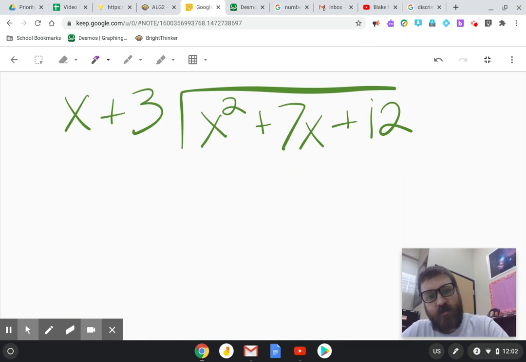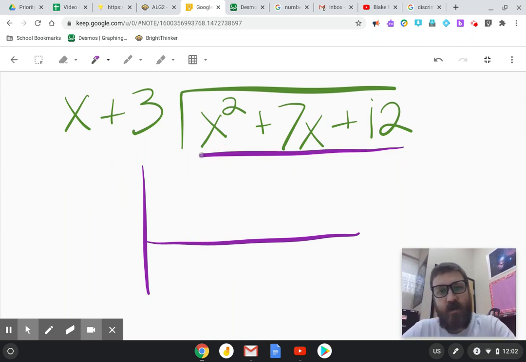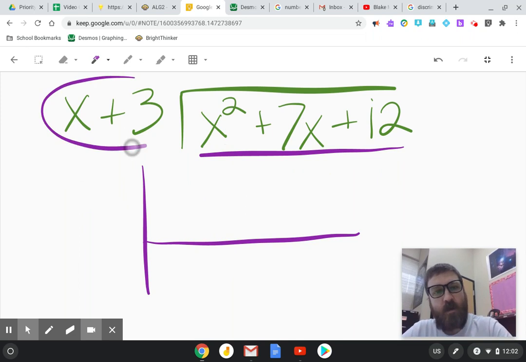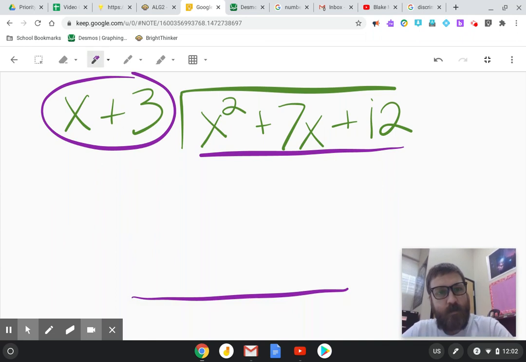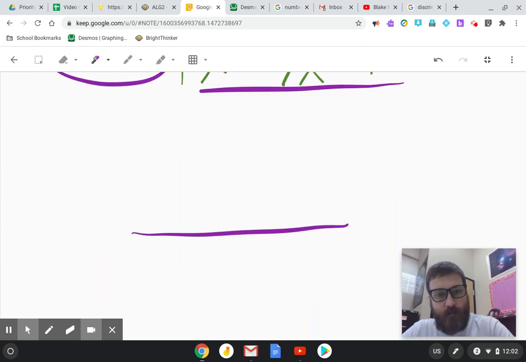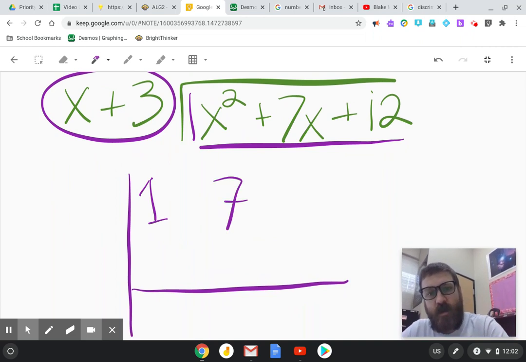First of all, you make this little sideways T. And in here, you're going to write the coefficients of the dividend, and you're going to write the zero of the divisor. Let's do this again. When I say the coefficients of the dividend, I mean the numbers 1, 7, and 12.